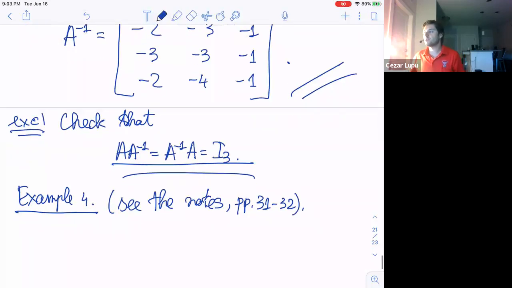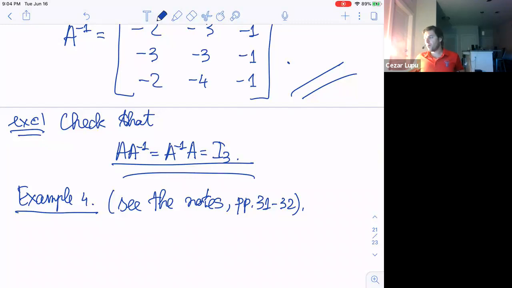It will give you an example of a matrix that has no inverse. You'll try to perform the same thing, and at some point after doing elementary operations, you'll obtain a row of 0 on the left. Then you will stop. That tells you there is no chance for you to obtain an inverse. Therefore, that matrix will be singular.